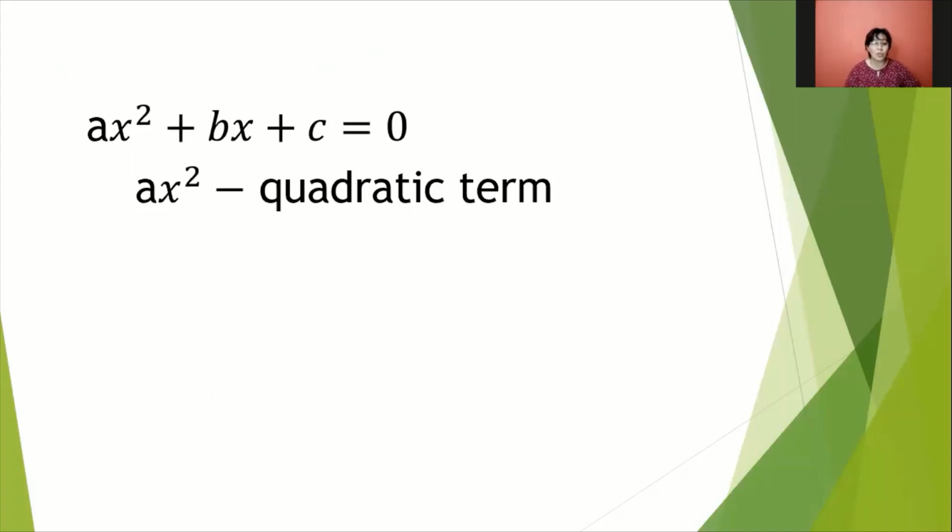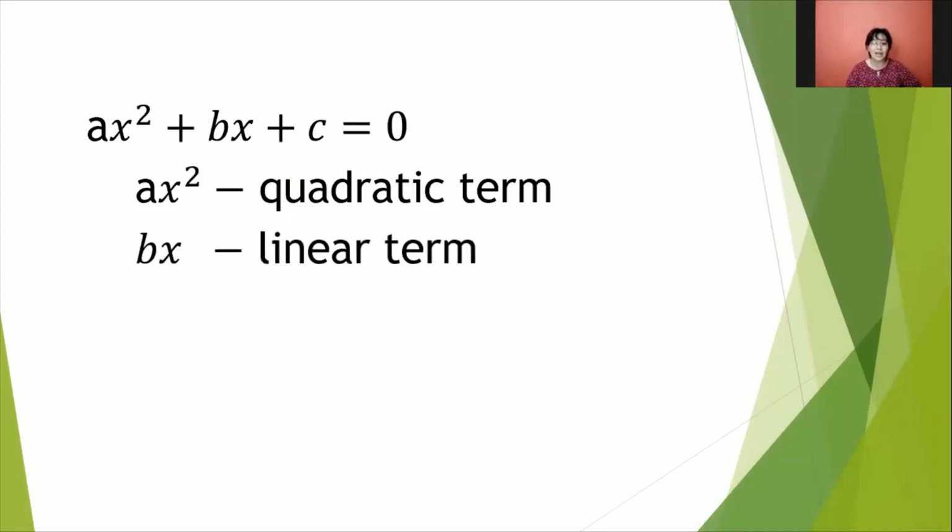Now, we have ax squared plus bx plus c is equal to 0 as the standard form of quadratic equation. Ax squared is known as the quadratic term. Take note, where a, as what I said a while ago, is the numerical coefficient of the quadratic term, or the numerical coefficient of x squared.